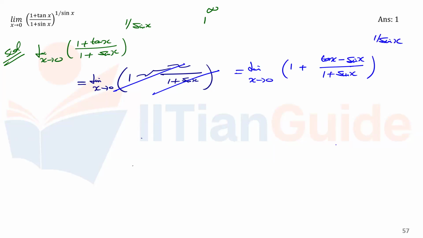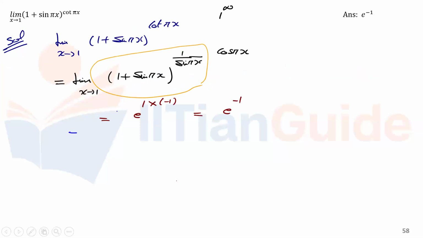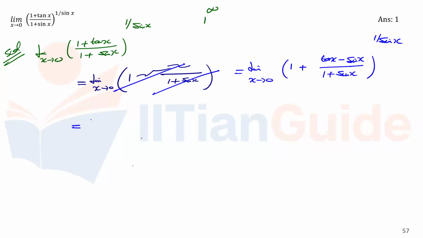Okay. Now I have got 1. Next thing that we need to do, we need to write the reciprocal terms. Tan x minus sin x divided by 1 plus sin x. Just write blindly.